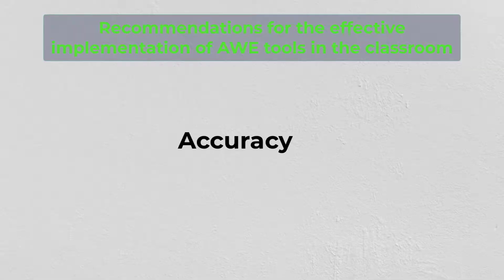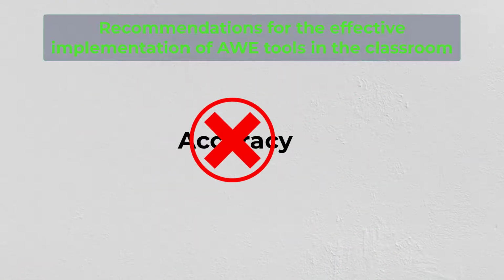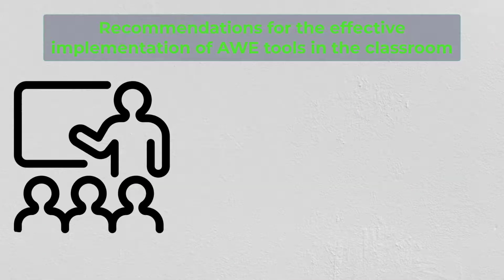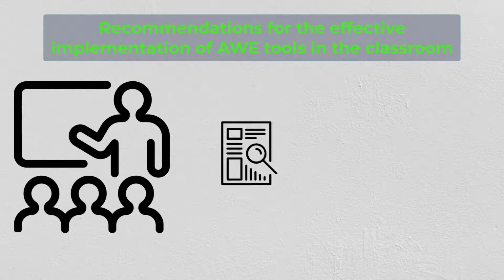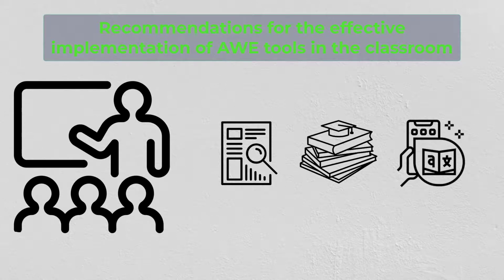Since the accuracy of AWE feedback is not 100% reliable, learners need to avoid trusting these tools blindly. Instructors should teach students how to analyze feedback critically and use other resources such as grammar books and online dictionaries to elucidate their confusion and verify their choices.